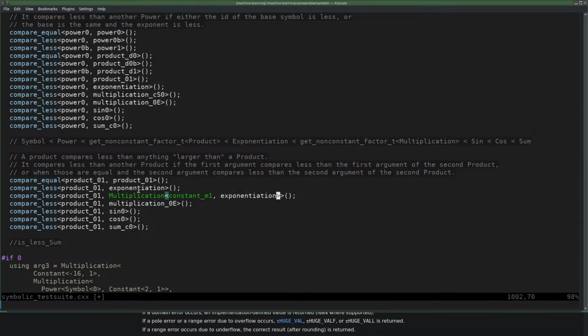If it compares less than exponentiation, it should also compare less than a multiplication of a constant with an exponentiation.